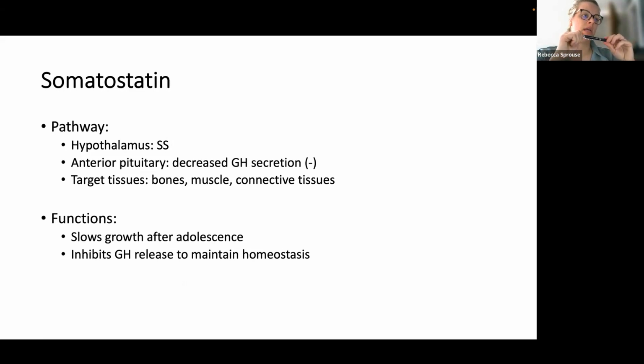So, for example, if an individual is post-adolescence where they're not needing to grow at such a high rate anymore, then your hypothalamus can release something called somatostatin, and that tells your pituitary to stop releasing growth hormone. And then obviously it's the same targets: your bones, your muscles, your connective tissues, things like that. And also that is just to maintain homeostasis, right? You don't want to continue growing at such a fast rate after adolescence.